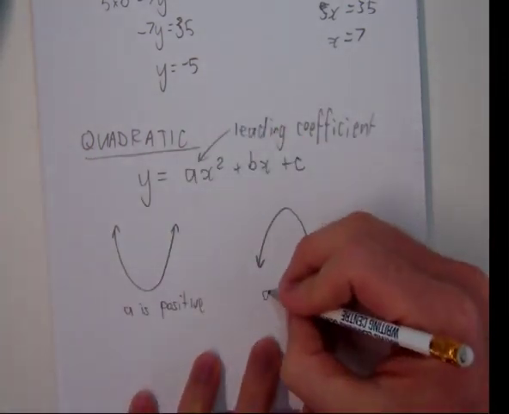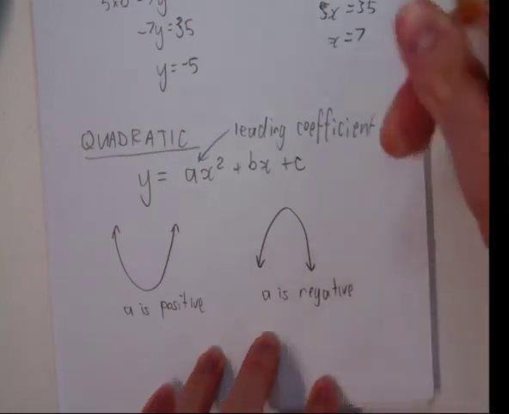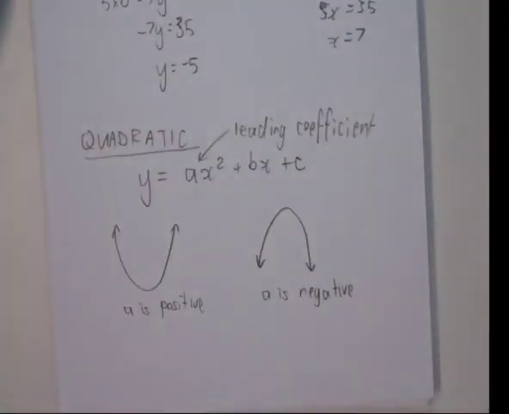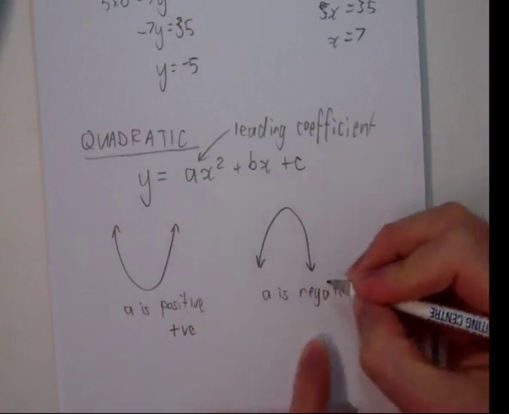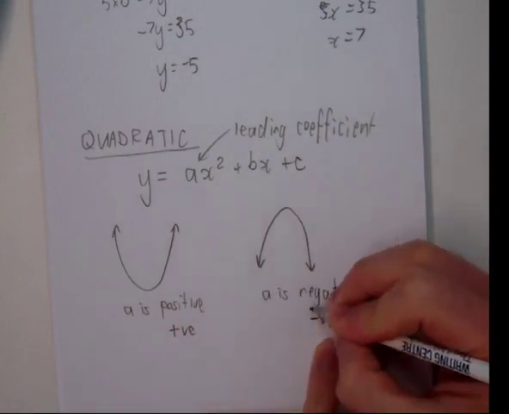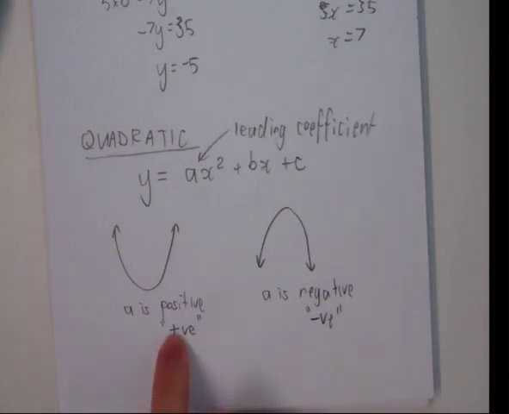If the leading coefficient is negative, it'll go downwards like that. And lots of lecturers will shorten positive to plus VE and negative to minus VE. So plusative, if you like.